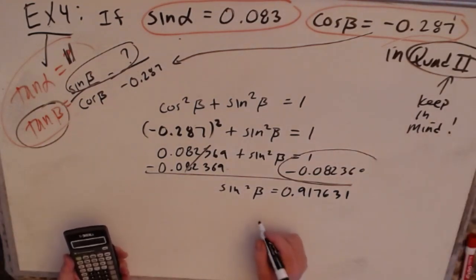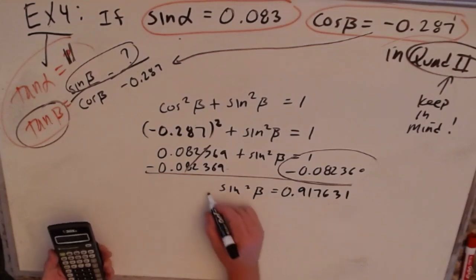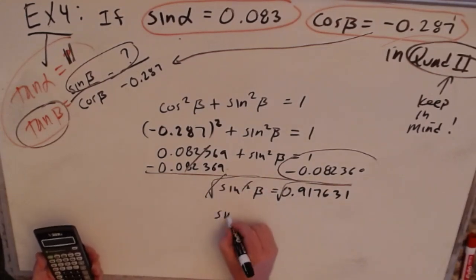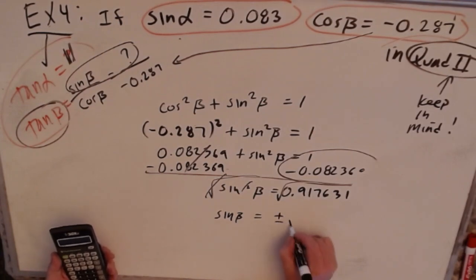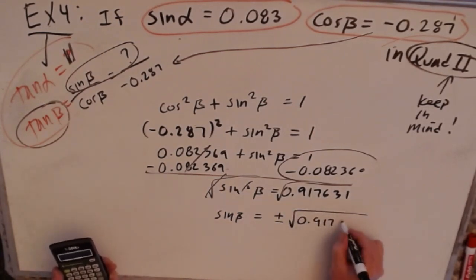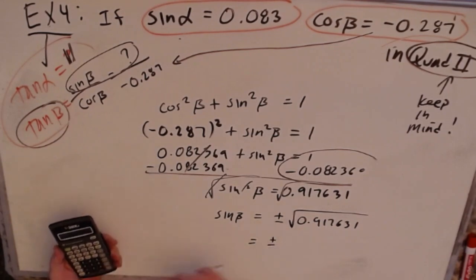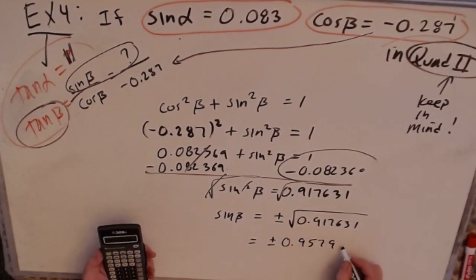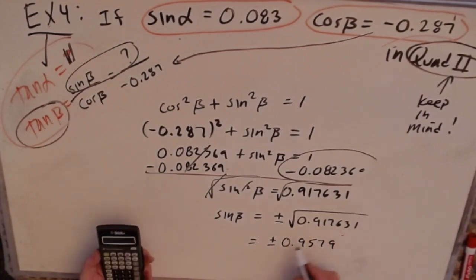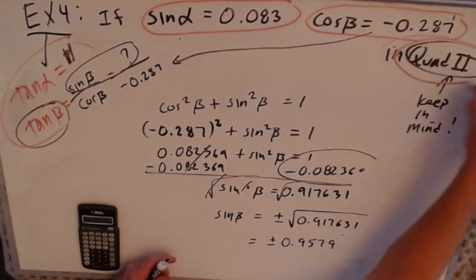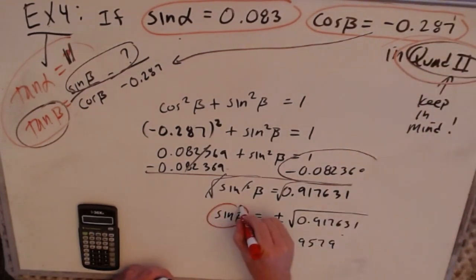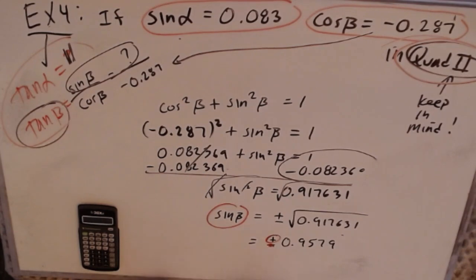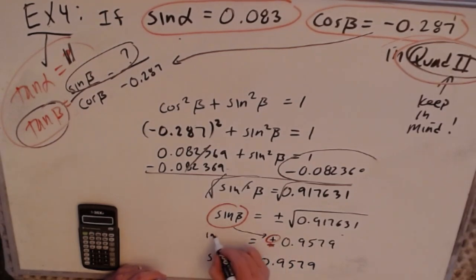Sine squared beta is that. So we're going to take the square root. Again, plus or minus 0.9579. That's good enough. This time we're in quadrant 2. This is sine. So this time we're keeping the plus, because it's in quadrant 2.